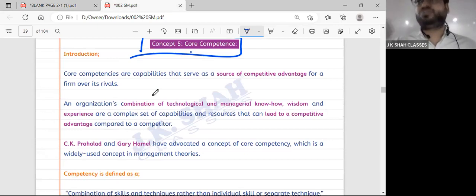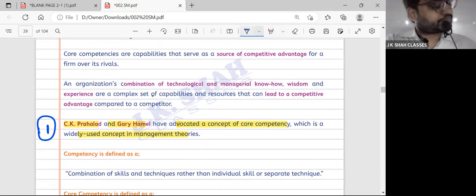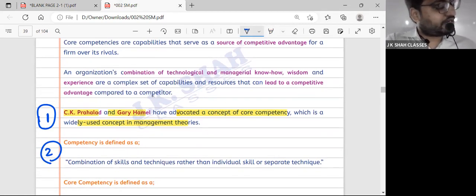Look at this. I am giving you the order. This is the order in which you should write in the exam. You also number this. If a question comes, write a note on core competence. The first thing that you should do is: CK Prahlad and Gary Hamel have advocated the concept of core competence, which is a widely used concept in management studies. Then you will write competency: a combination of skills and techniques rather than an individual skill or separate technique.